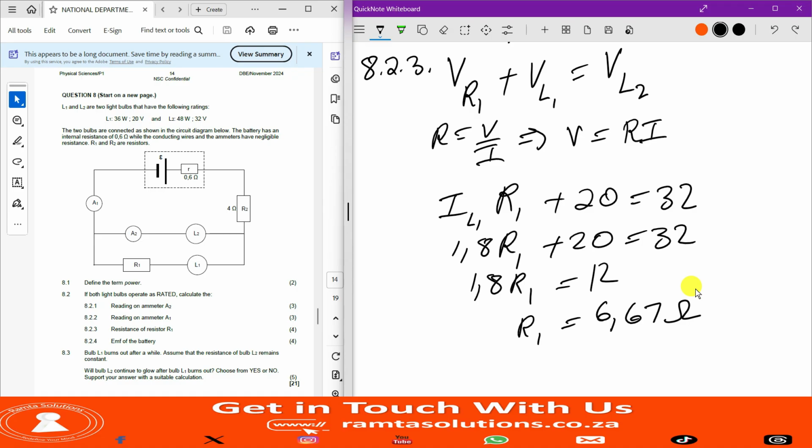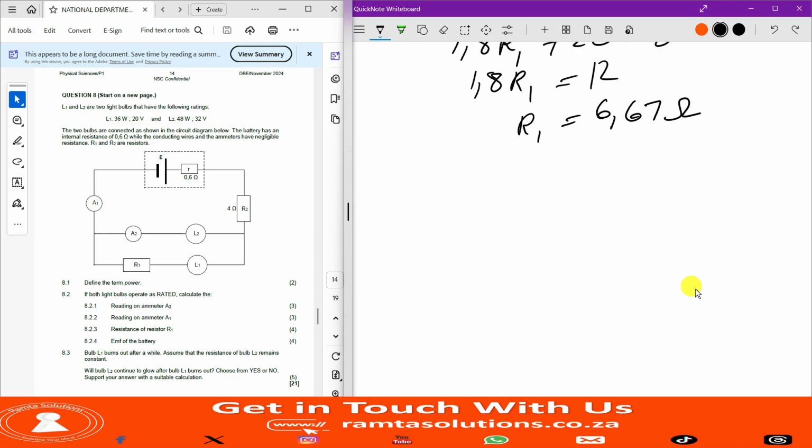So R1 is 6.67 ohms. Happy? Perfect. Now let's go to the next one.